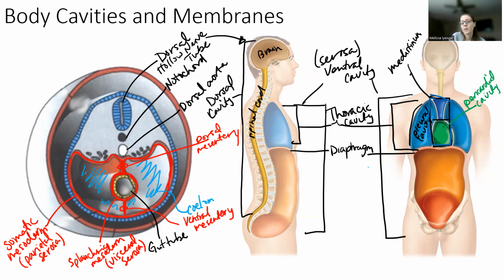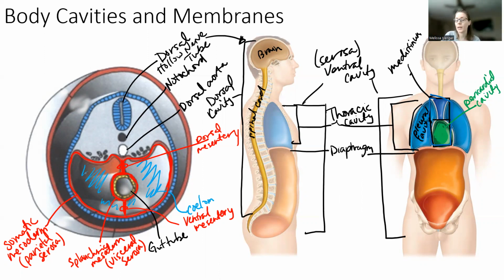So we're going to have a parietal pleura, and we're going to have a visceral pleura. And those are the things that surround the lungs. And then between them, that is the remnant of the coelom, which is what we call the pleural cavity.